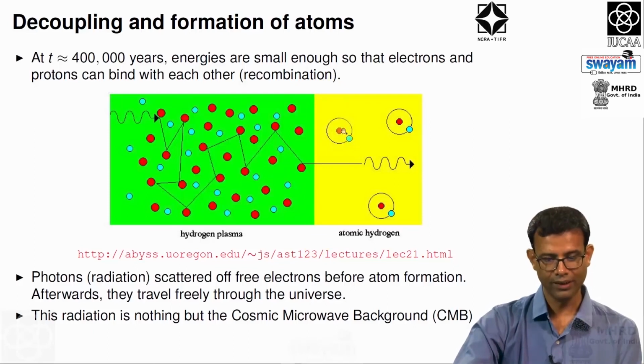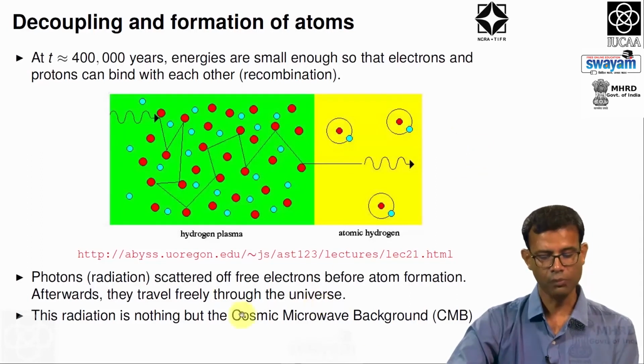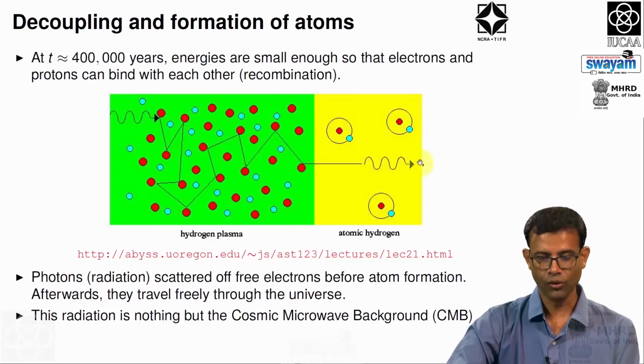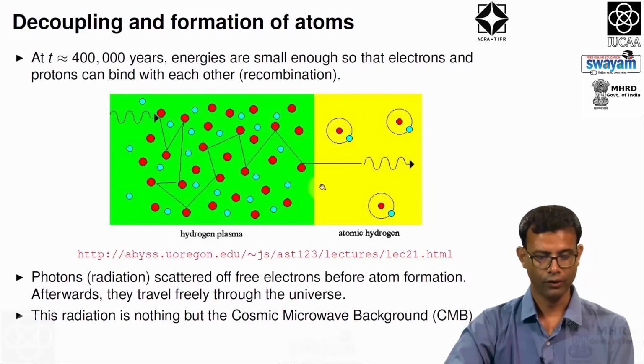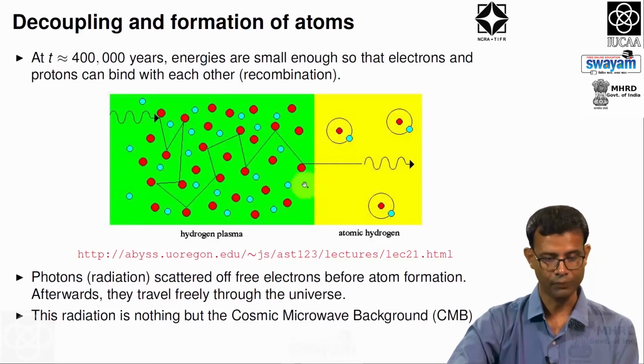So, there are these red nuclei and the blue electrons, they have come together and formed atoms. Now, this radiation cannot interact with the free electrons anymore and is free streaming. This is nothing but the cosmic microwave background which we observe, and this is why the cosmic microwave background is so significant for Big Bang cosmology. It is very closely related to the formation of the atoms.